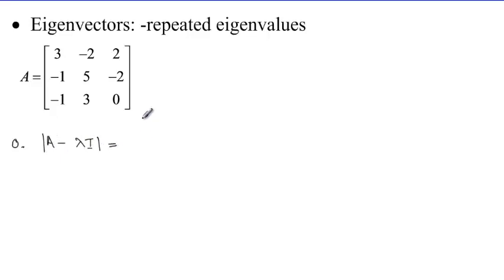This will come out as the determinant of 3 minus lambda, minus 2, 2; minus 1, 5 minus lambda, minus 2; minus 1, 3, minus lambda.